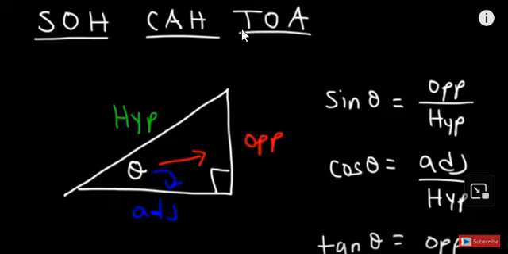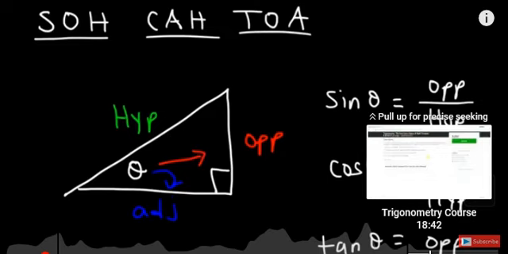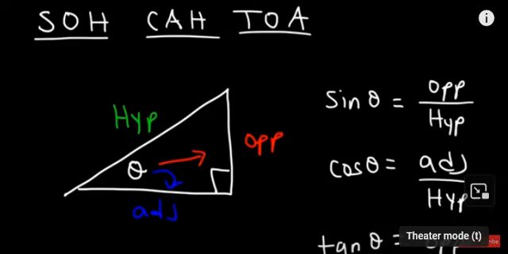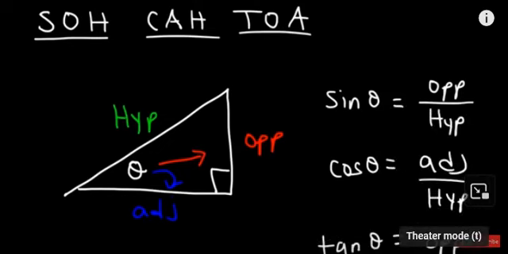The tangent of this angle is equal to opposite over adjacent. So guys, that is the first formula that I want you to master, which is the basic.